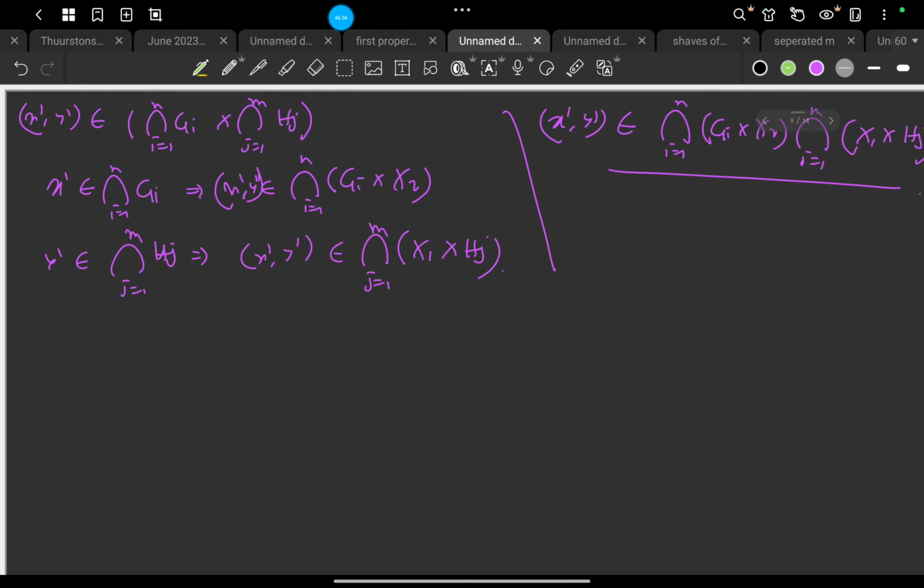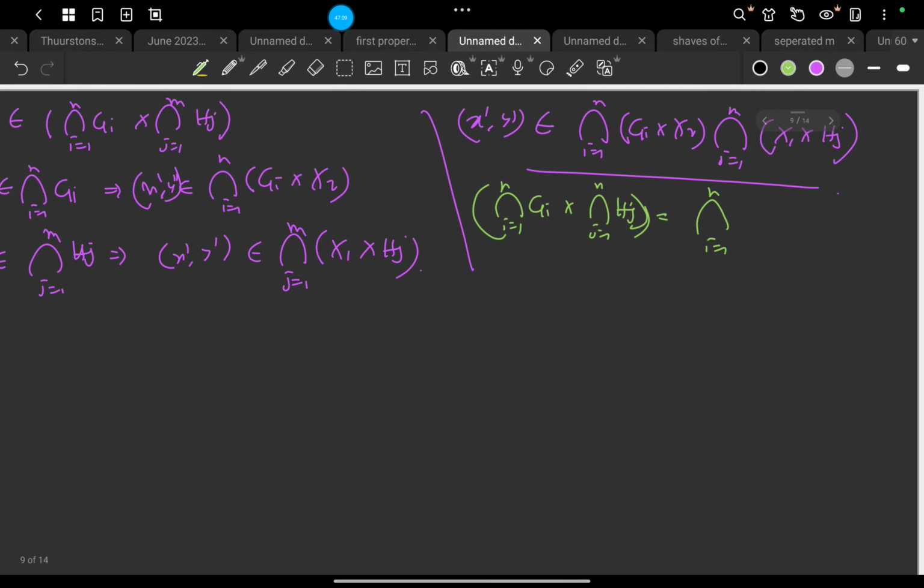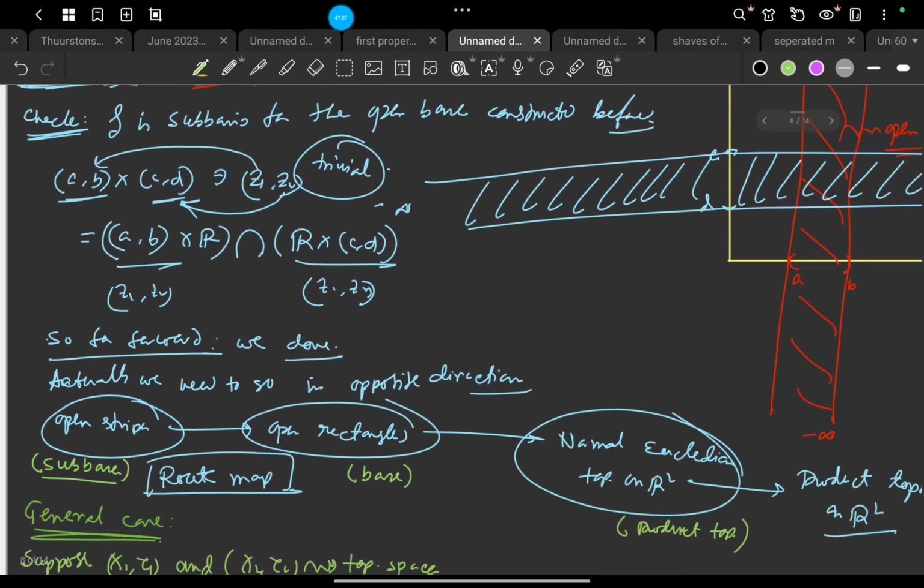So the final story is that the intersection of Gi, i equals 1 to n, cross the intersection of Hj, j equals 1 to m, is the same as the intersection of Gi cross X2 intersected with the intersection of X1 cross Hj. So now if we take an arbitrary union of this form, each open set is basically generated by the subbasis we have defined here.